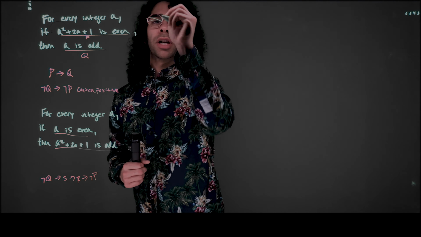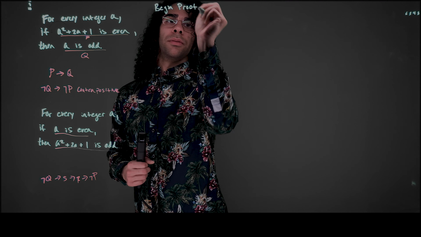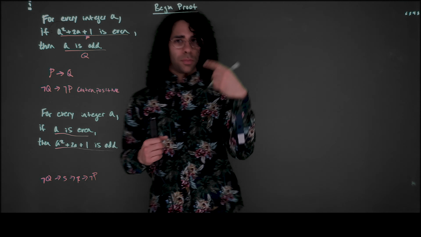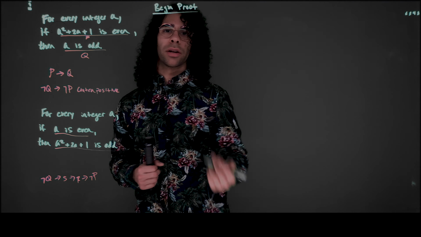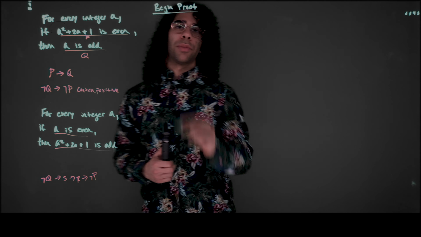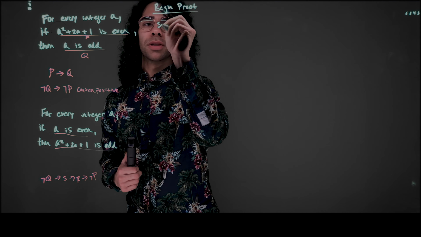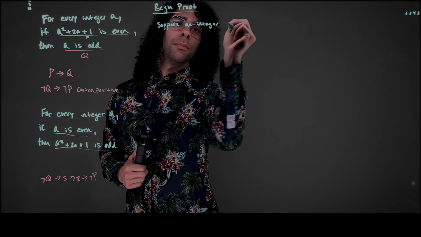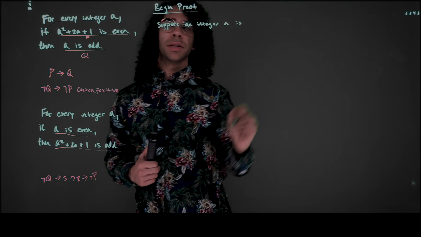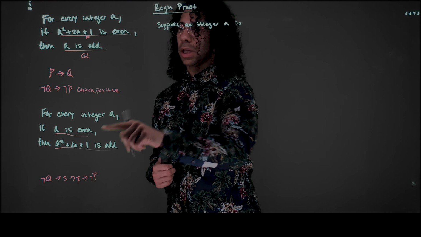The easiest way to begin the proof is to simply begin the proof, and I'm letting the audience know what's happening. It's very important to let your audience reading this know what's happening. So you just say, begin proof. And we're going to say, suppose an integer a is even.